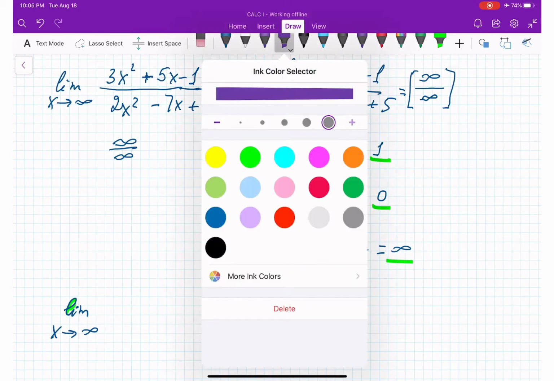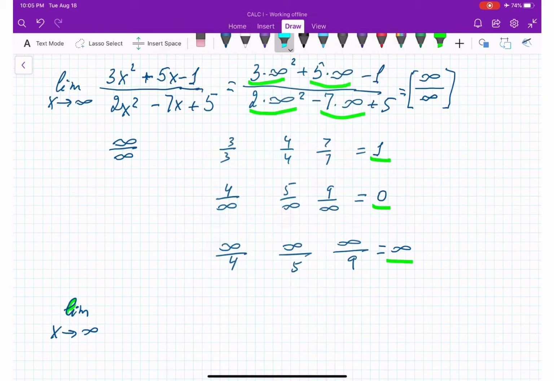In the numerator it's 2. In the denominator it's also 2. So we pick the highest degree. It doesn't matter whether the highest degree is in the numerator or the denominator, but in this case they are equal, so it's even easier.